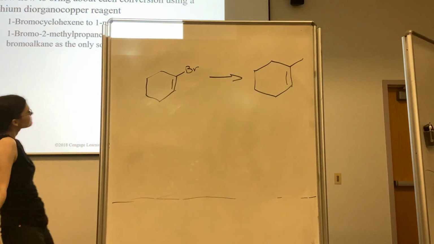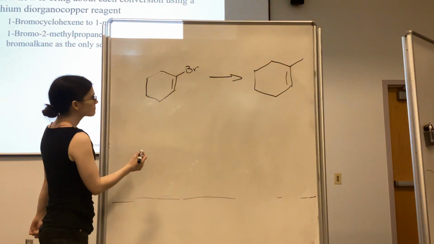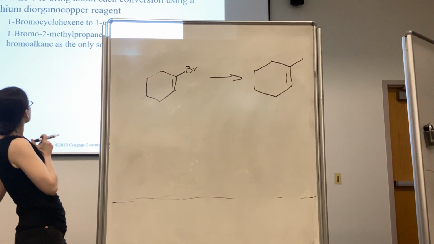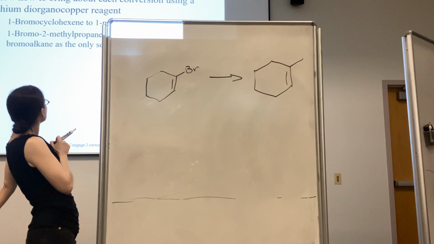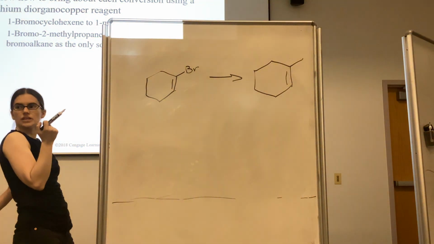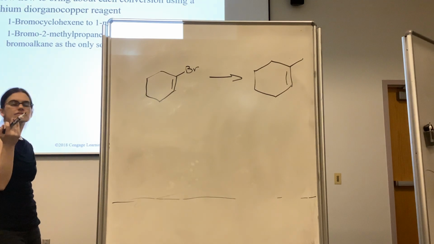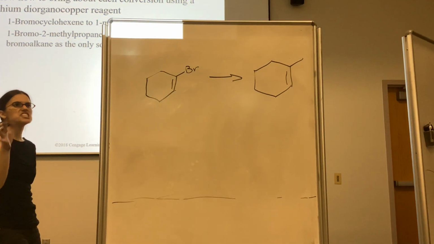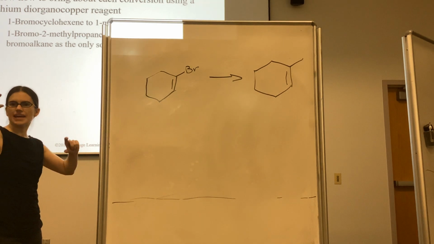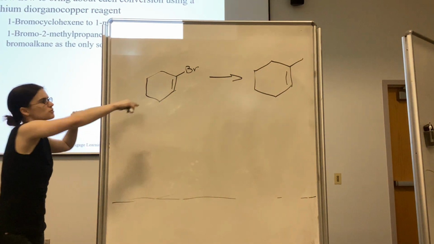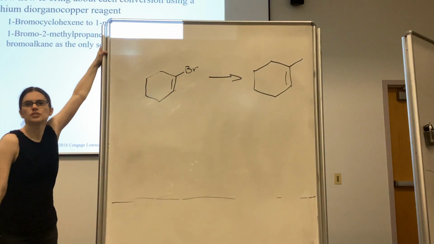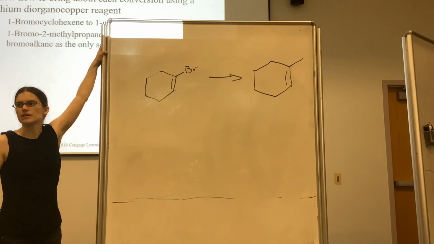All right. So we can use lithium diorganocopper. Basically, lithium diorganocopper does something that Grignard reagents didn't do. It lets you couple to a halogenated carbon. You replace a halogen with a carbon.